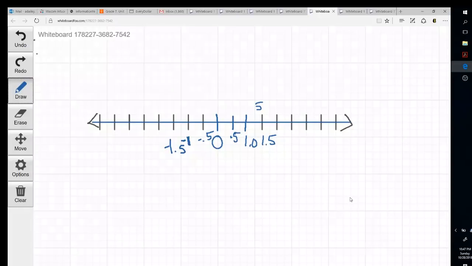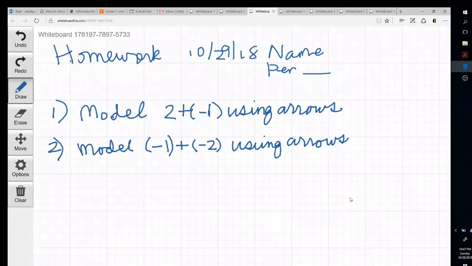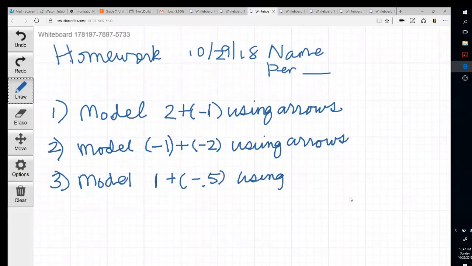So number 3 on your homework, let me go back to the homework page. Okay, number 3 on the homework is to model positive 1 plus negative 0.5 using arrows.